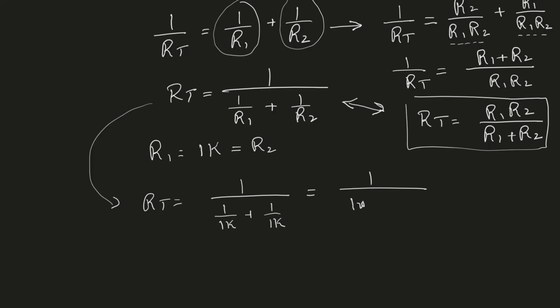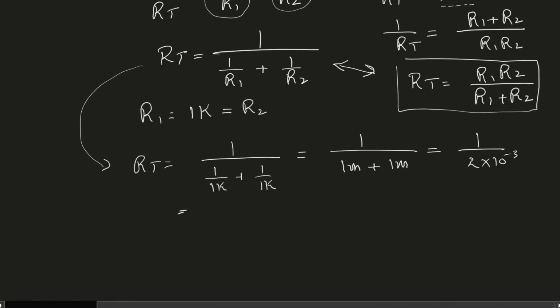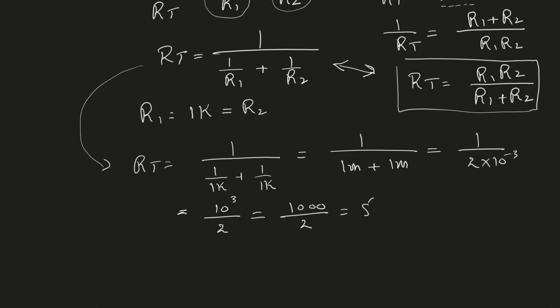So that will be 1 milli plus 1 milli. Milli is 10 to the minus 3. So I will have 1 over 2 times 10 to the minus 3, which, when you take the 10 to the minus 3 to the numerator, will become 10 to the plus 3 divided by 2, which is equal to 1000 divided by 2, which is equal to 500. So you see our total is 500 ohms.